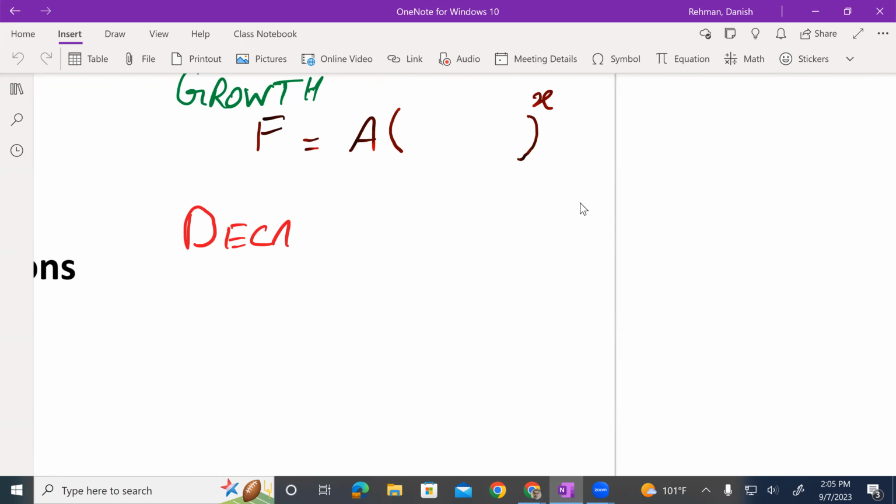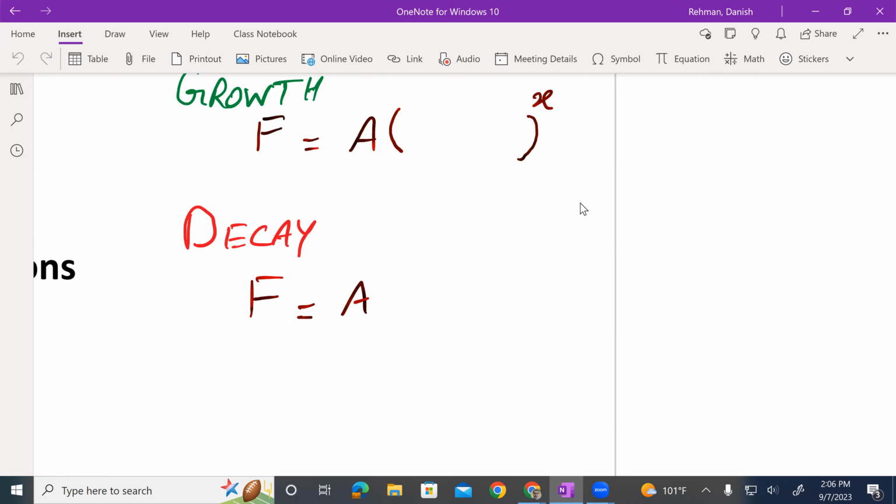Same thing. We will try to figure out the value sometime in the future. That's why I'm using the letter F for that value. We will have an initial or the current value, and I'm representing the A as a current value here.